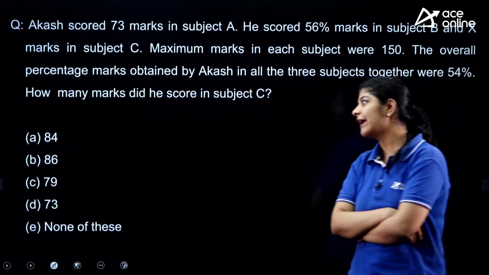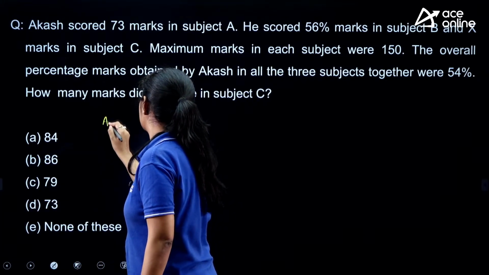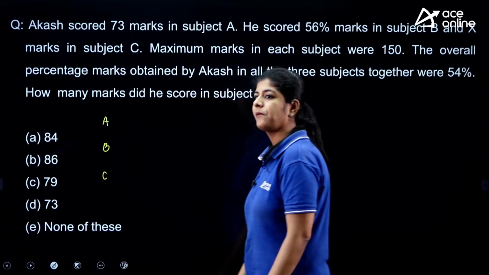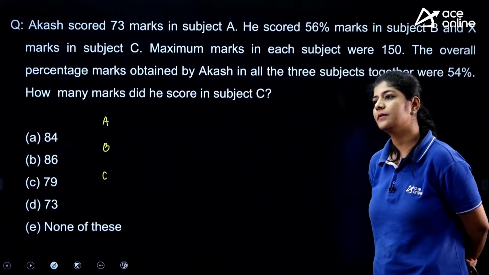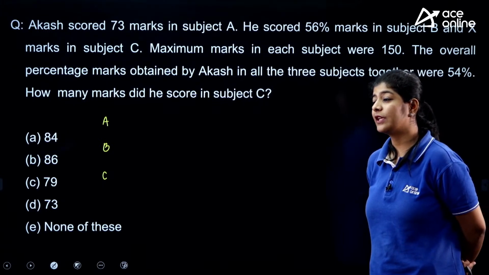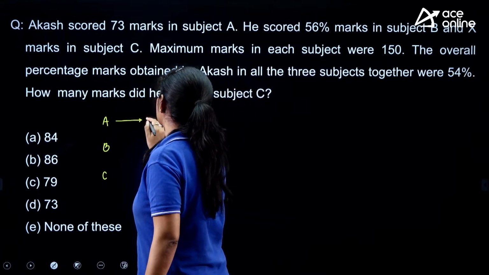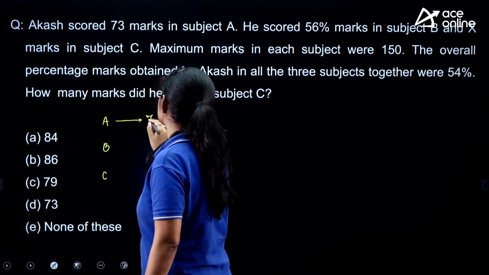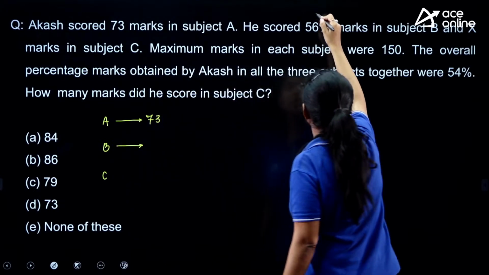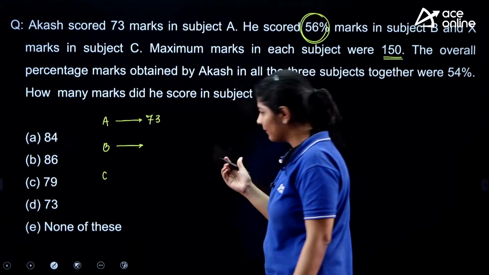We only have three subjects, A, B and C. Very good, smile. Let's see. In subject A, Akash scored 73 marks. In subject B, he scored 56% of 150. So we can find this out.